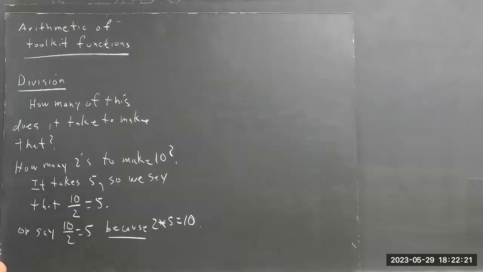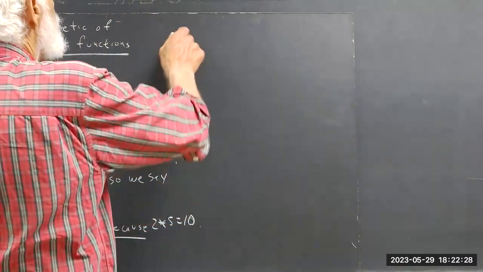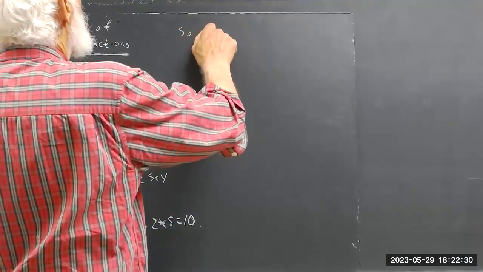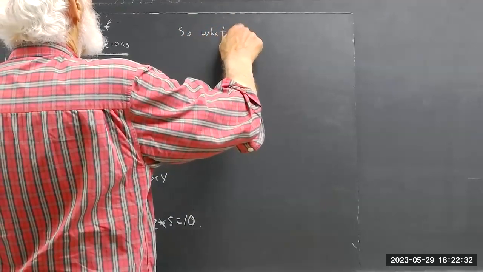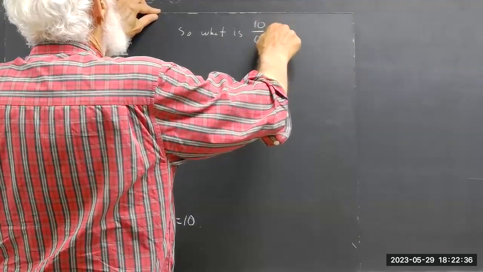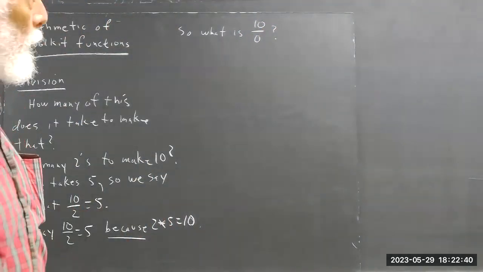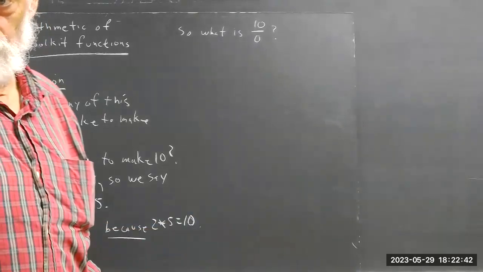One thing you can't do is divide by zero. So what's 10 divided by 0? A lot of people will say it's 0.